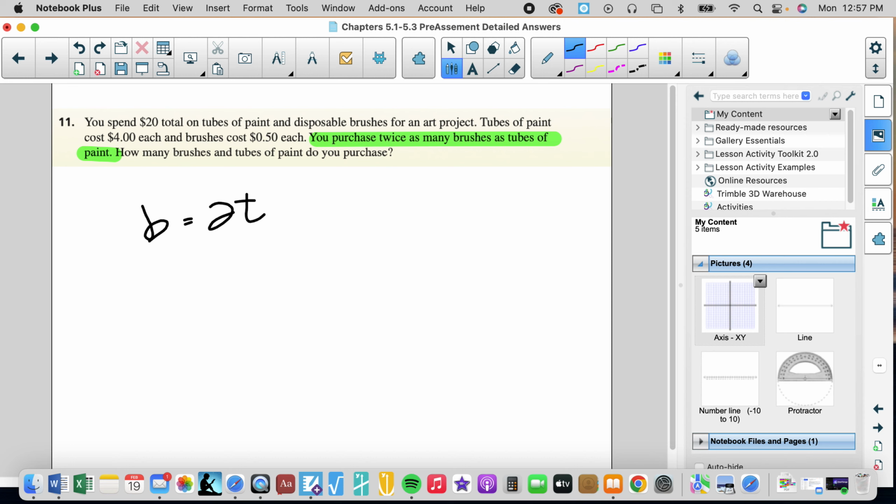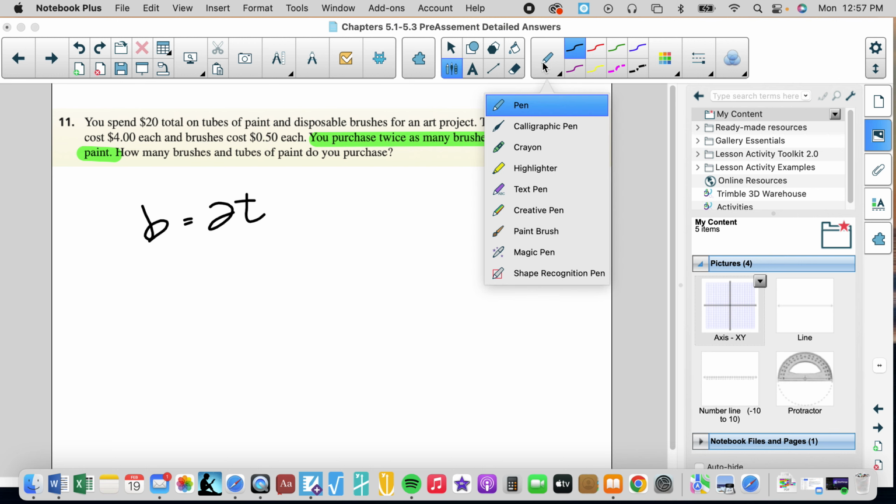But understand that if I have 20 brushes and 10 tubes of paint, notice if I want to make them equal, I have to multiply the smaller to make it equal. Because I'm making a statement where they are going to be equal, I need to double the smaller to equal the bigger. Just intuitive. That's something you're going to have to work on.